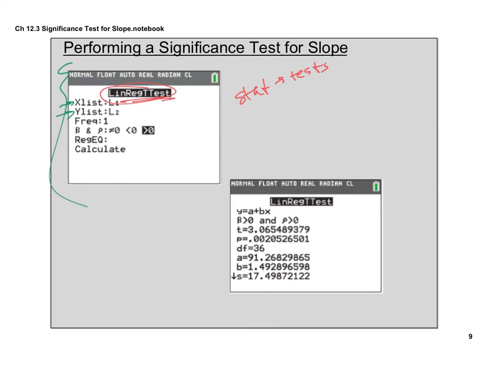You'll get the t value, the p value, the degrees of freedom, the y-intercept, and the slope. And then you can even keep going. You're going to get the standard deviation and the standard error down there. So it's an option to do it on your calculator, always a bonus, so that's great.